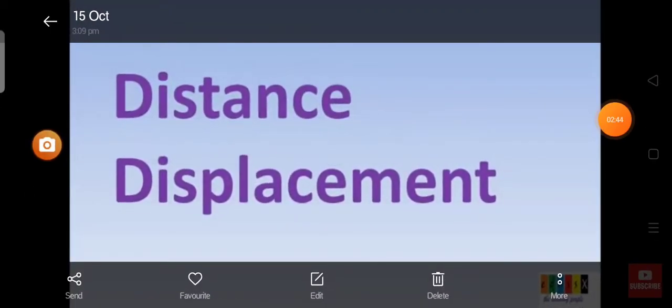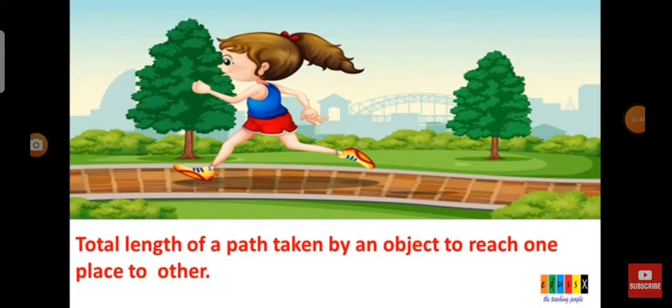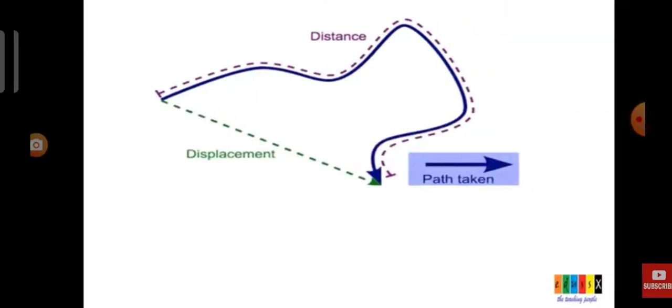Now we see the distance and displacement. Now we see the distance. The total length of a path taken by an object to reach one place from another is known as distance.